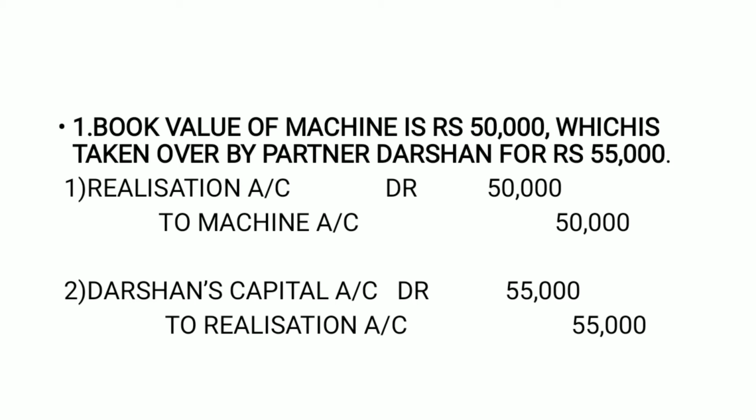Let us quickly revise what happens at the time of dissolution. The very first thing is the realization of assets for payment of all liabilities. The journal entries that we have understood consist of how to deal with every item disclosed in the balance sheet at the time of dissolution, of which the first concept was reserves and credit balance of profit and loss account.